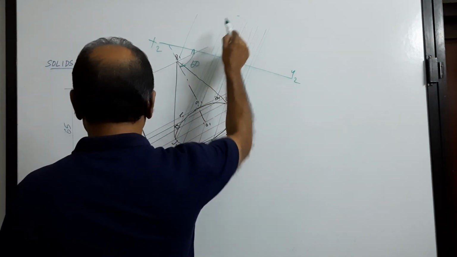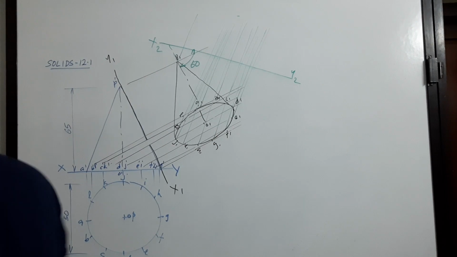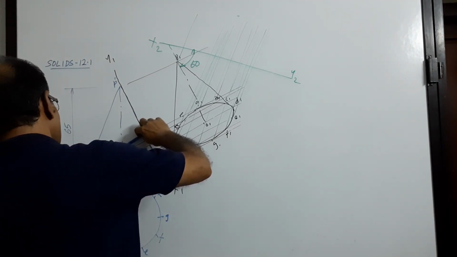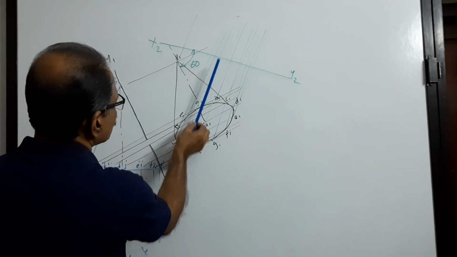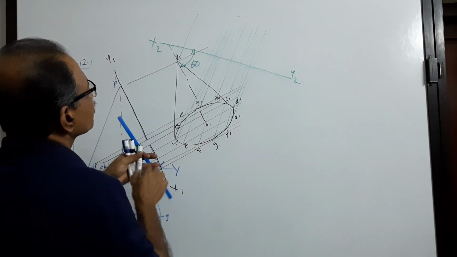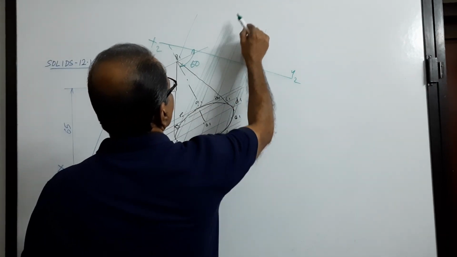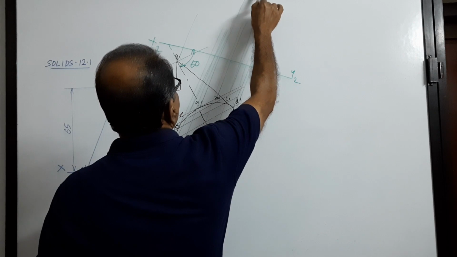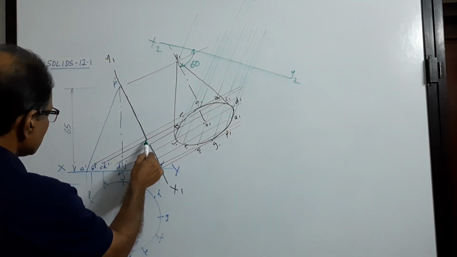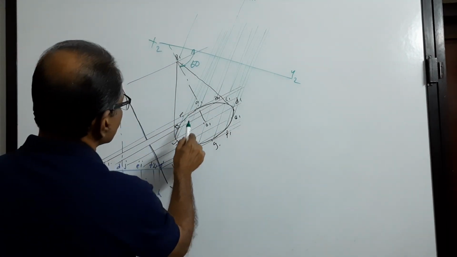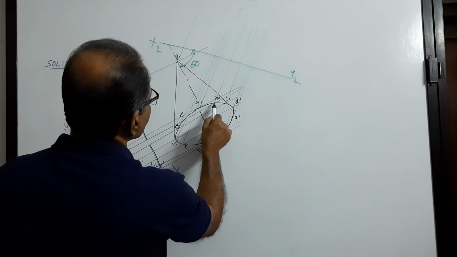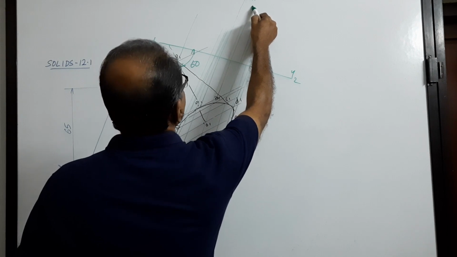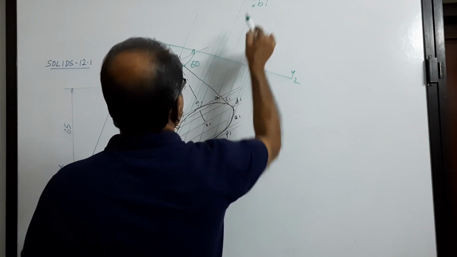You get what? Let's take an approximate distance. On the projector through A, that far away. This is A1 dash. B dash is this far away. Take that and mark on the projector through B. This is B1 dash.